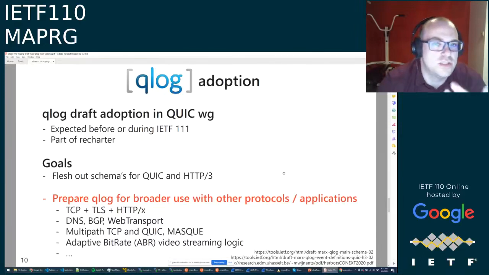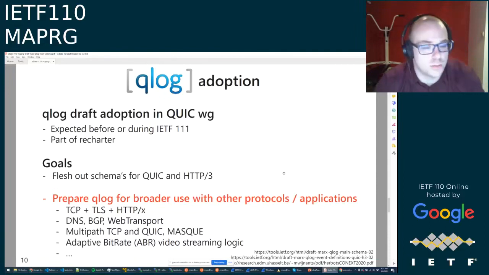Because as you can imagine, this type of approach can be very useful, not just for QUIC and H3, but also, for example, the things that we've listed below here. One particular one I wanted to highlight is the bottom one, where we have a project that we are trying to log both very high-level adaptive bitrate video streaming algorithm metadata, together with the relatively low-level QUIC congestion control parameters, to try and assess how we can better match them up against each other.